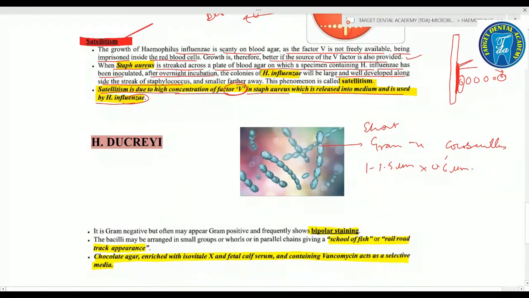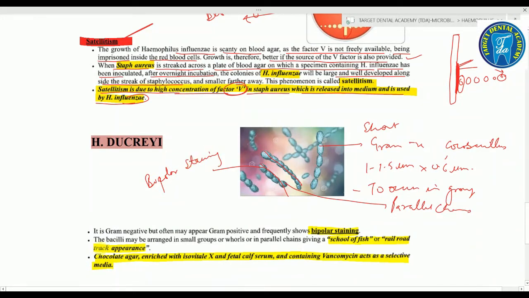Important point, they have a tendency to occur in groups or in parallel chains, and they usually take bipolar staining. The microscopic finding resembles a school of fish, a school of fish appearance.